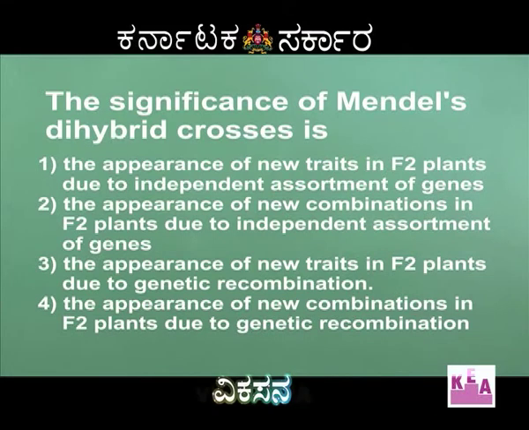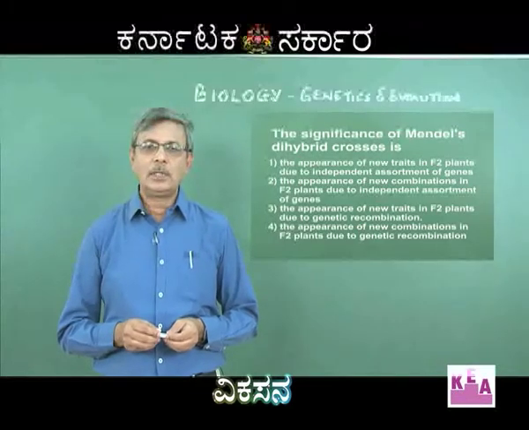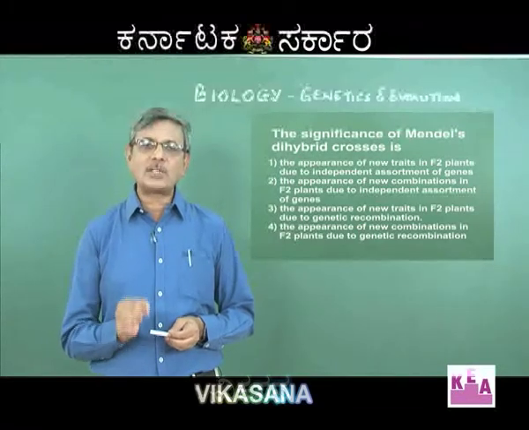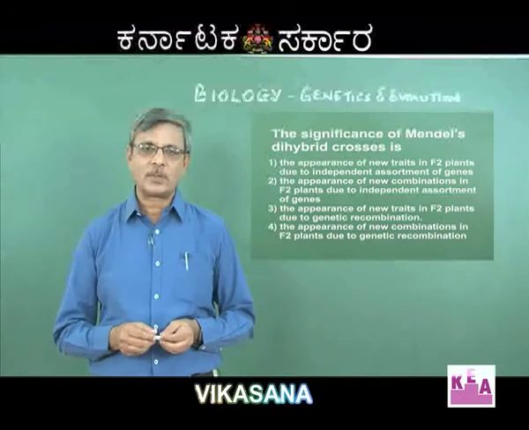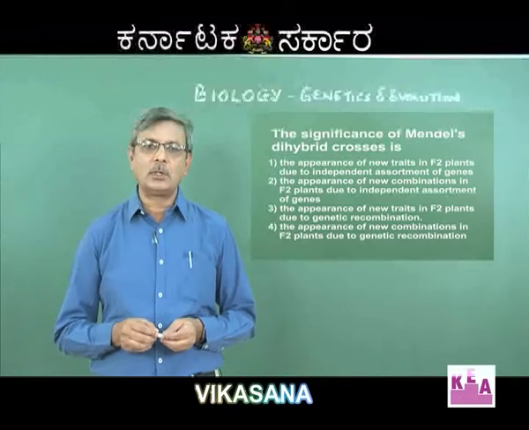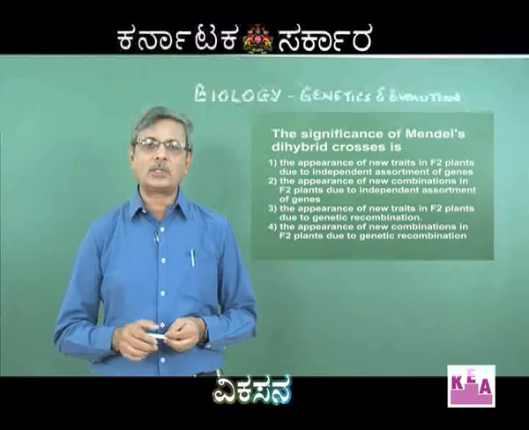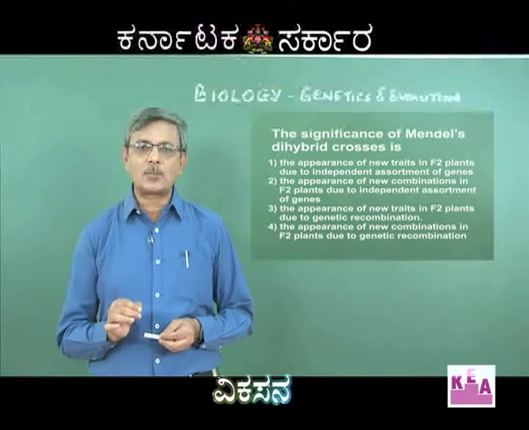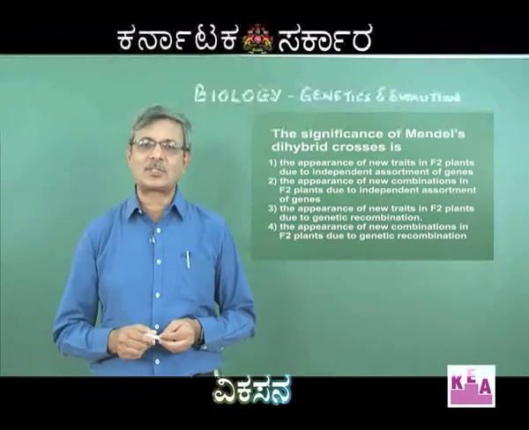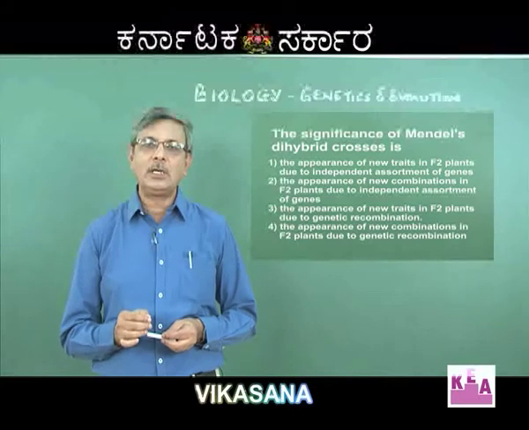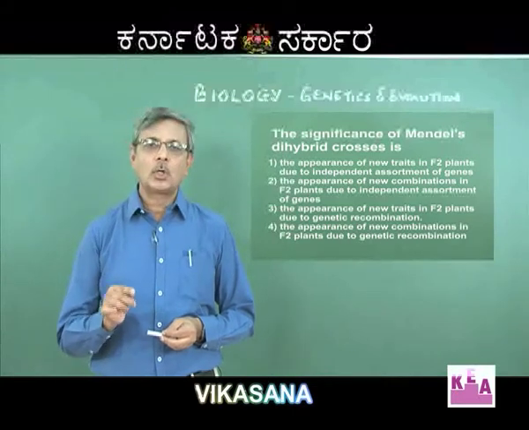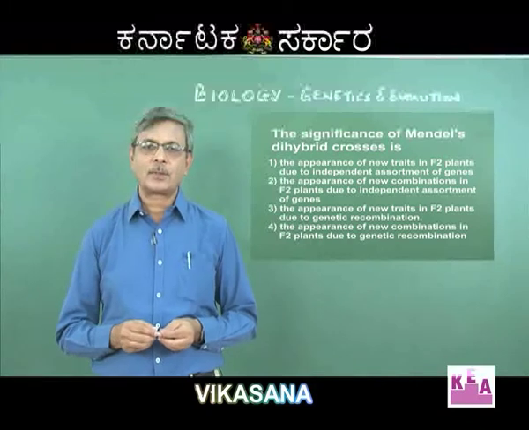Now we have to look into this. They appear almost close, but you have to go through the statements carefully, otherwise you will definitely get confused. Let me first look into the first and second options. The only word that is different is, in the first option new traits is mentioned, in the second option new combinations.